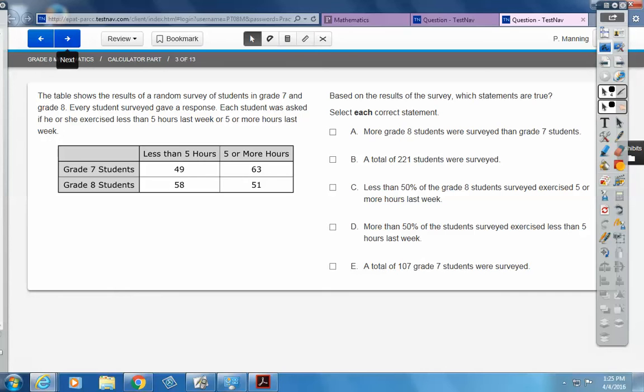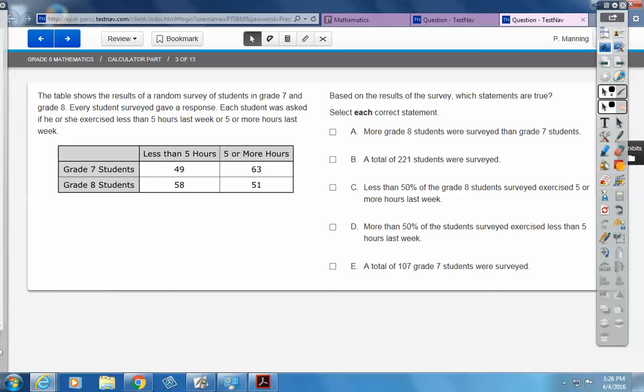In 7th grade, we had 49 less than 5 and 63 more, and notice here the 8th graders appear as though they exercise less than the 7th graders. Interesting. Based on the survey results, which statement is true?